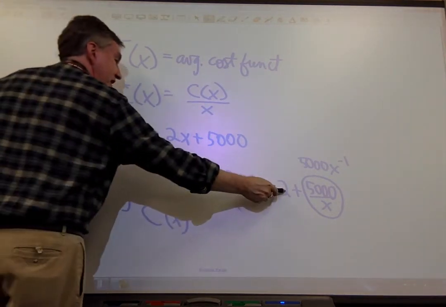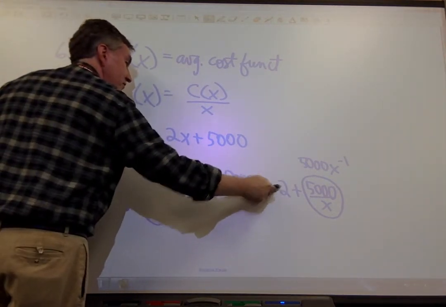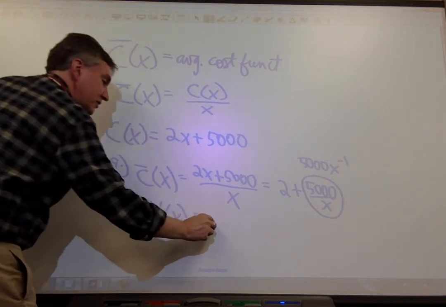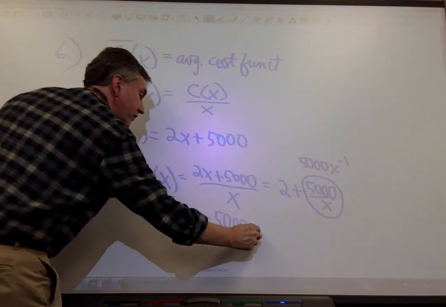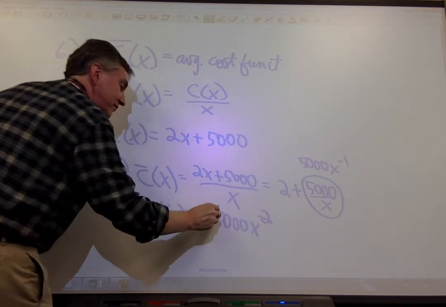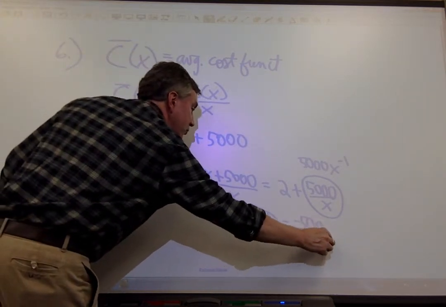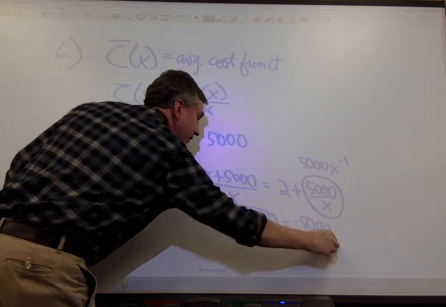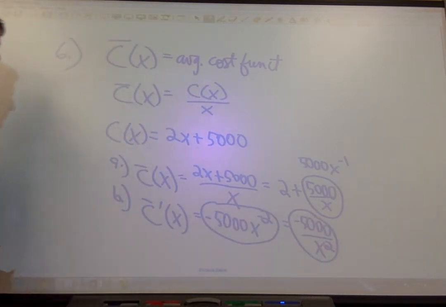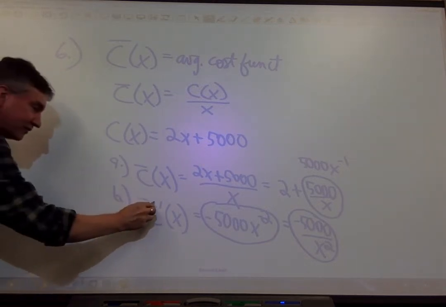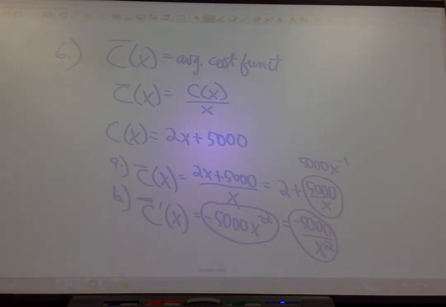And you know the derivative of that 2 would be 0, wouldn't it? So what's the derivative? What will be the marginal average cost? Good. And I could write that negative 5,000 over what? And that would probably be even better to use, wouldn't it? Okay. Let me make that a little straight here. Marginal average cost.